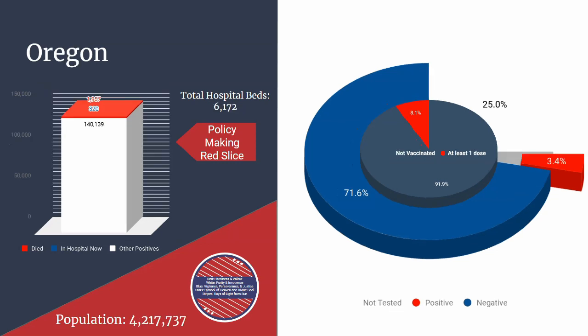Oregon vaccinated 8.1% of their population. Their negative tests are at 71.6% with positive at 3.4%. 1,900 people died, 320 in the hospital, and 6,100 hospital beds.